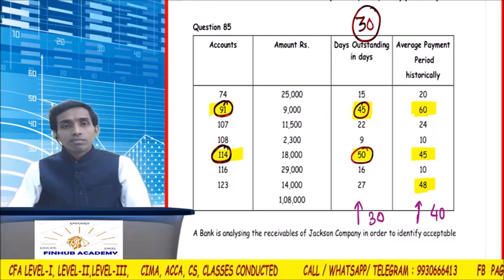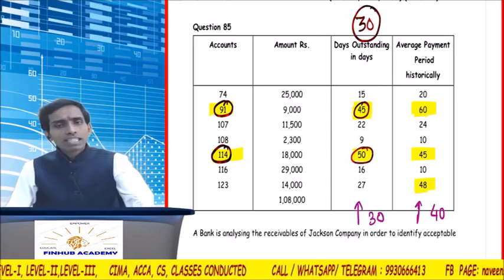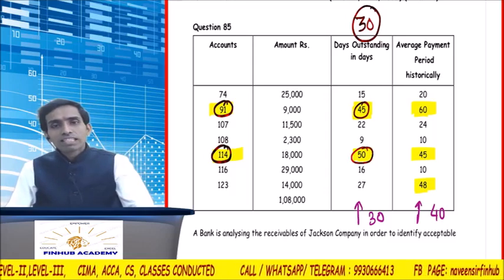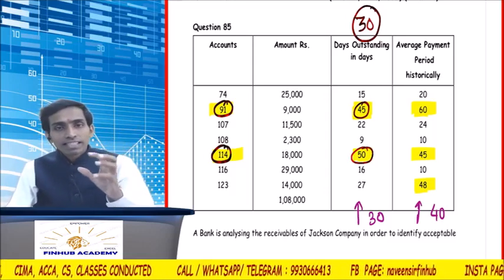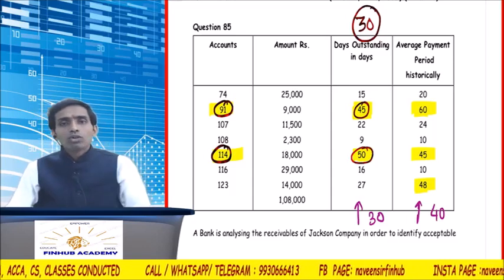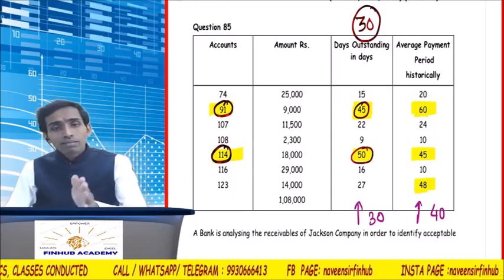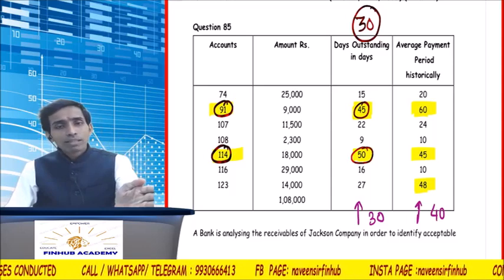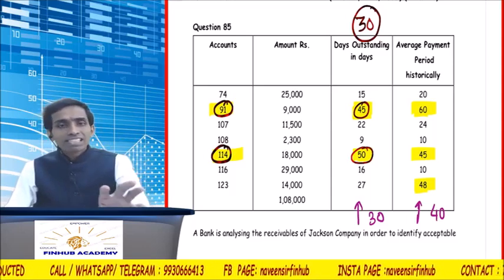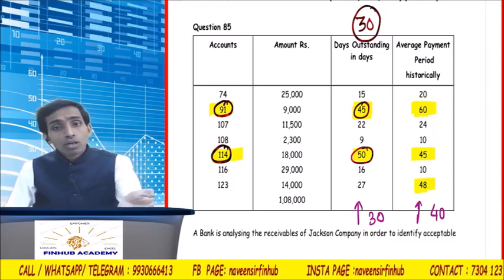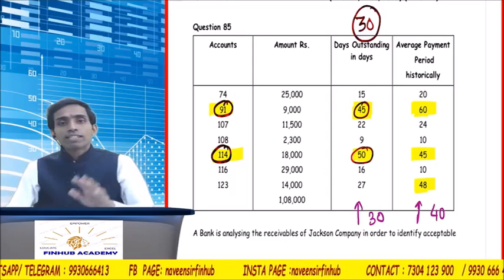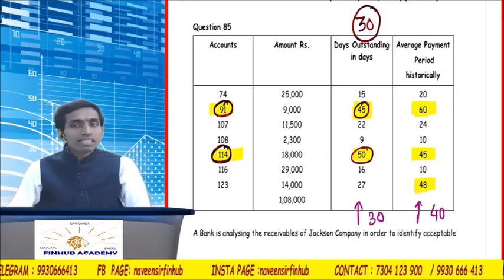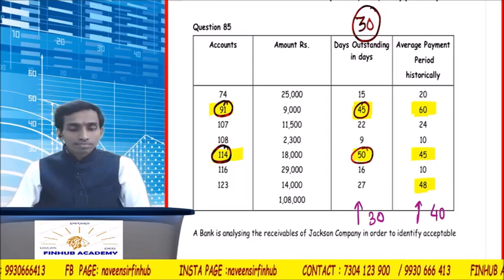Means the bank says if you give a credit period of more than 30 days against the company's credit policy, then we will not consider that debtor as collateral. We will not give a loan on that. Those paying within 10 days past, till 40 days, it's okay. But those who are not paying by 40 days, we will not consider those debtors also as collateral. Is it clear?